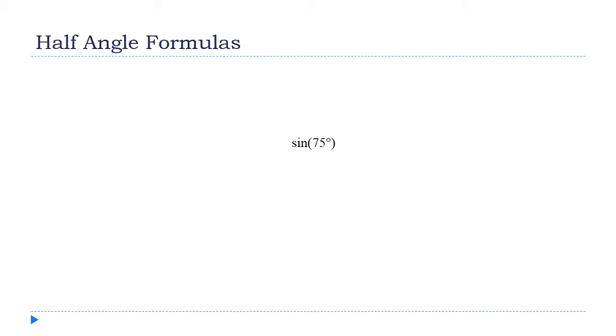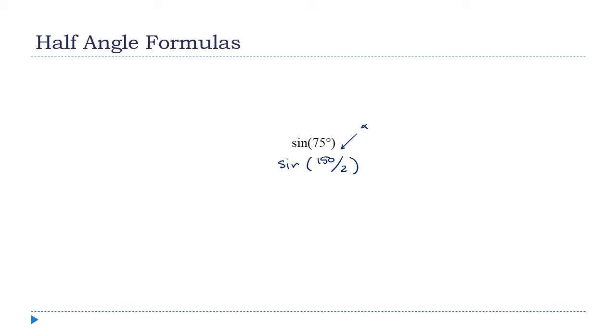Well, we're going to do the same kind of thing that we did before. I'm thinking, is there an angle I know the sine and cosine of where when I divide it by 2, I get 75? So I'm thinking 150 is going to work. This is the same as the sine of 150 divided by 2. So 150 is going to be the alpha or theta, whatever the variable is, in our formula.